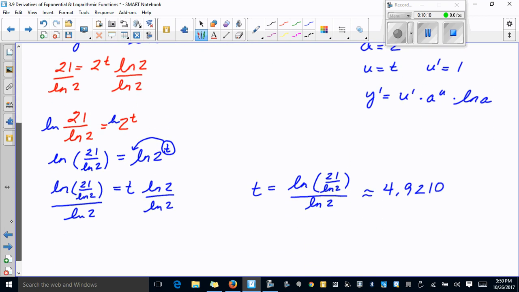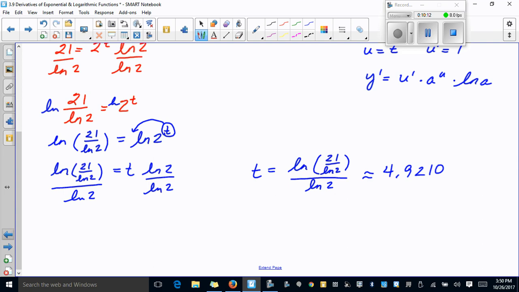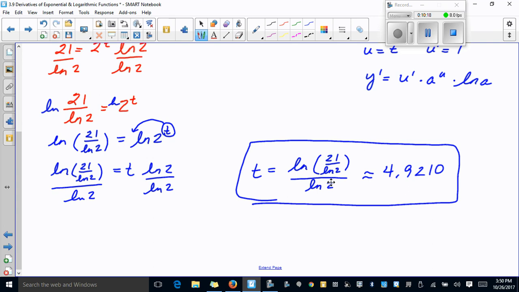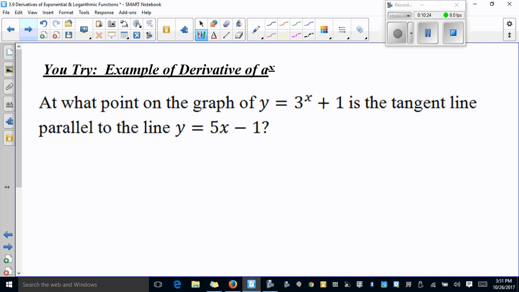At what point on the graph of y equals 3 to the x plus 1 is the tangent line parallel to y equals 5x minus 1? Parallel means that they have the exact same slope. So I'm asking, when is y prime equal to 5? So it's the same idea as before. This one, my a value is 3. My u value is x.